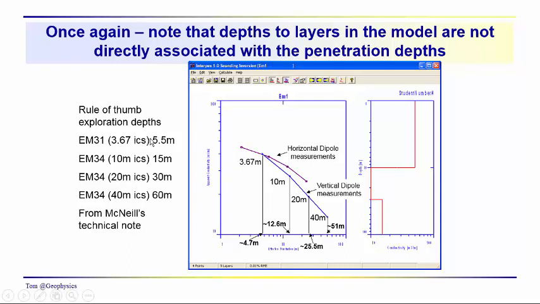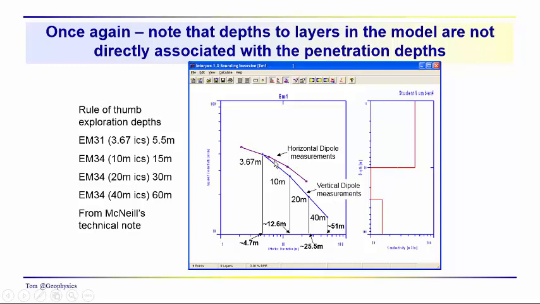The exploration depths that McNeil gave us were basically 1.5 times the intercoil spacing for the vertical dipole. You can go back and review McNeil's technical note. But again, we emphasize that these depths, referred to as effective penetrations, don't correspond to actual depths of intervals in the subsurface.